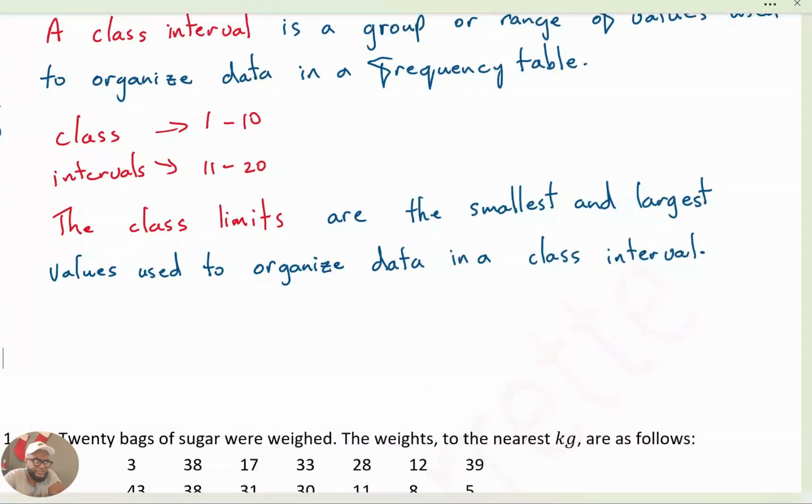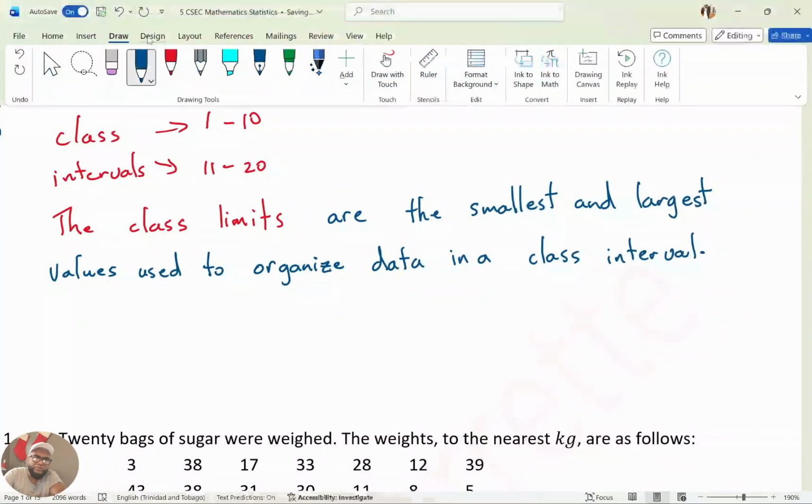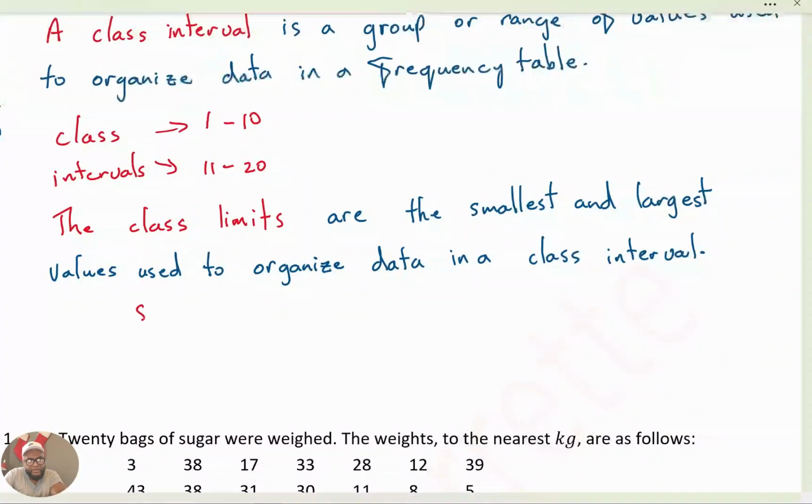Smallest and largest. Okay? So the smallest value would be the lower class limit. Not boundary, sorry, limit. All right?